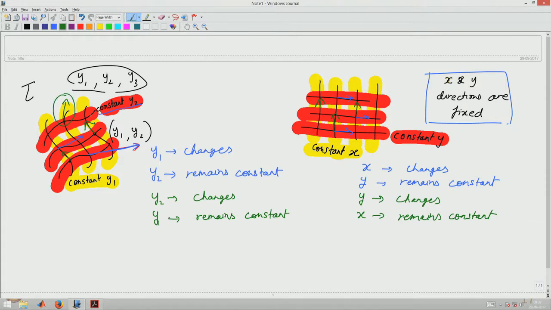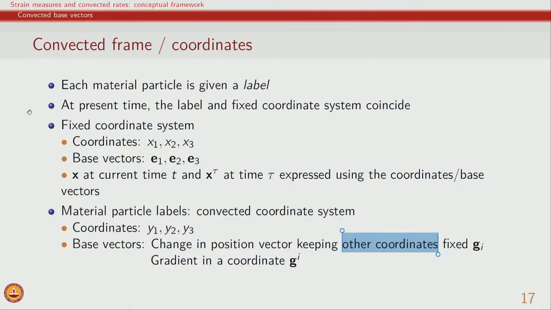So, we have this in one direction, this is another direction, and this is another direction. Similarly, the other base vector also, which is pointing out, is in one direction here, and in another direction there. So, therefore, not only are these base vectors not in the same direction, they also will keep on changing when the time itself changes. So, therefore, the change in position vector keeping other coordinates fixed will indicate one set of base vectors.